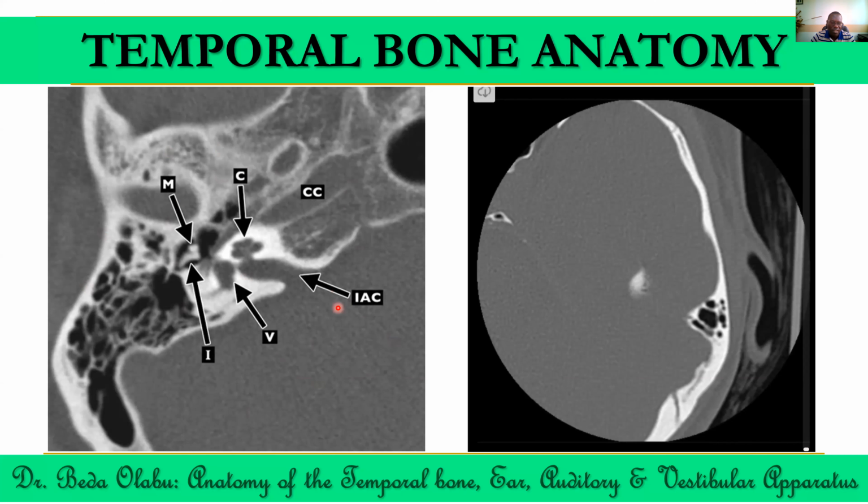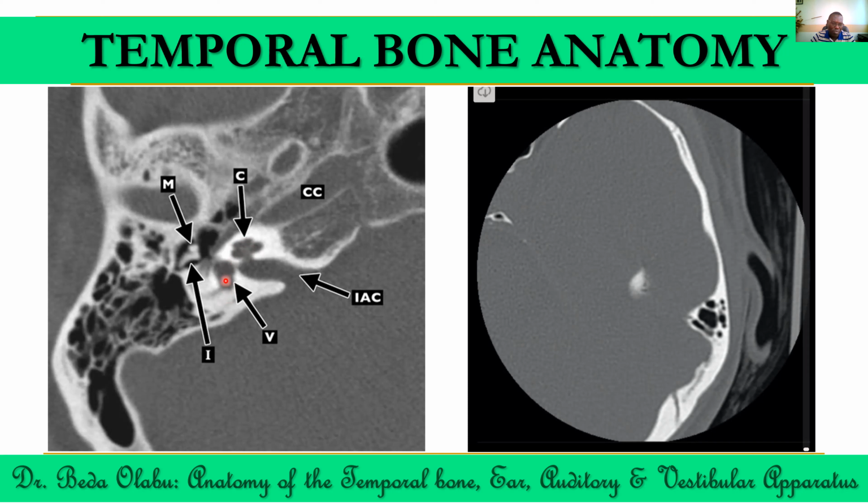So from here, this is the posterior cranial fossa. This is the internal auditory canal with the porus acousticus internus here and moving towards the fundus. It gives us this thing here anteriorly, and so this is the cochlea itself.